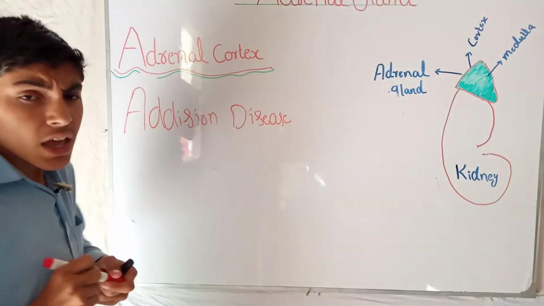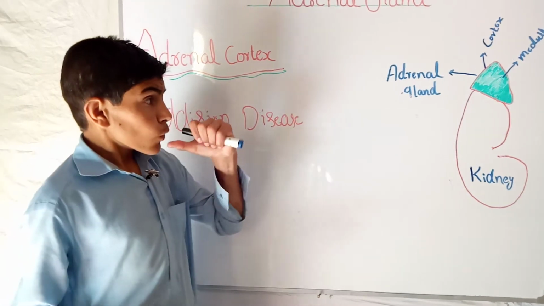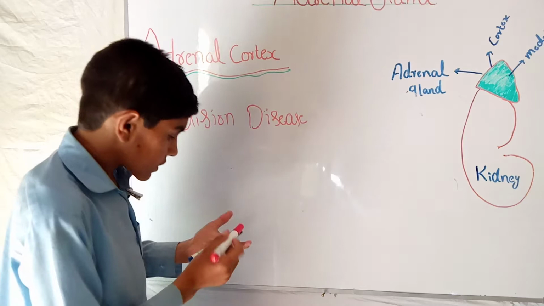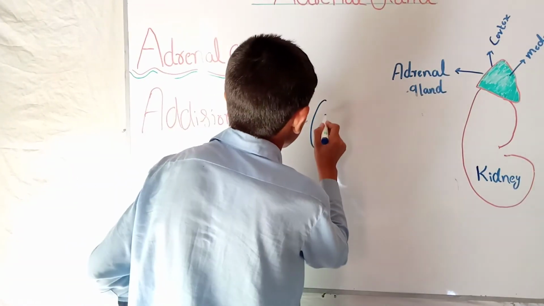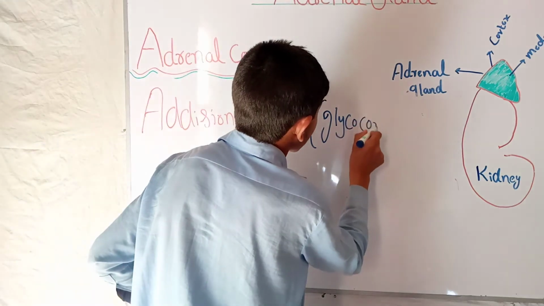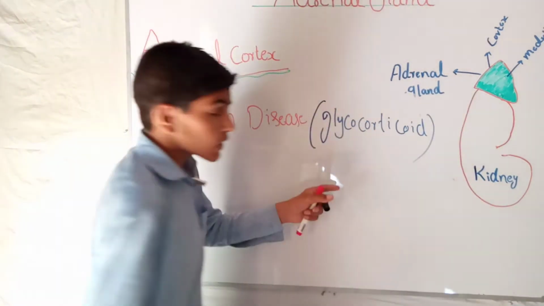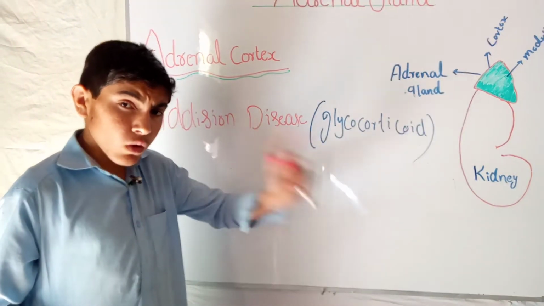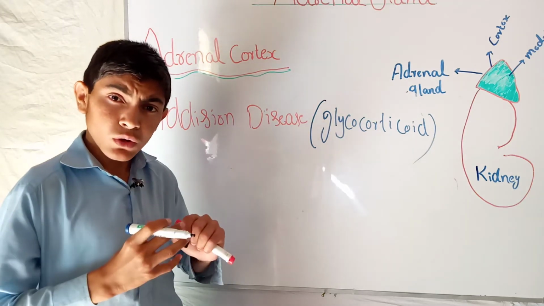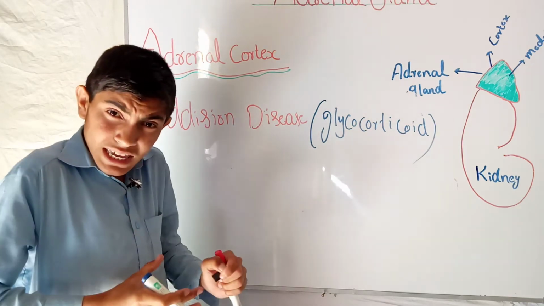It is a disease in which the blood glucose level is lower. When the glucocorticoid hormone is secreted by the adrenal cortex in less amount, the amount of glucose in the blood becomes less.